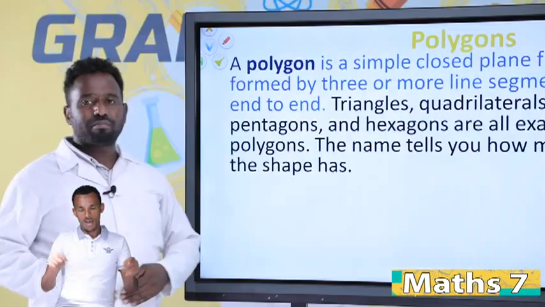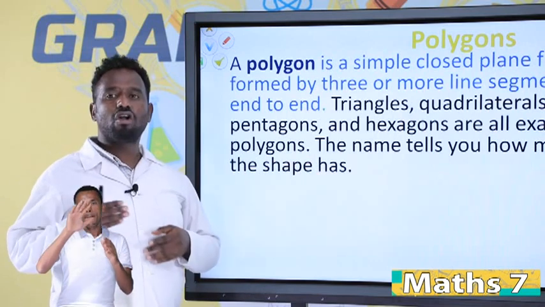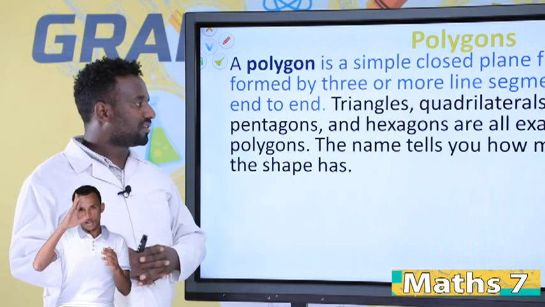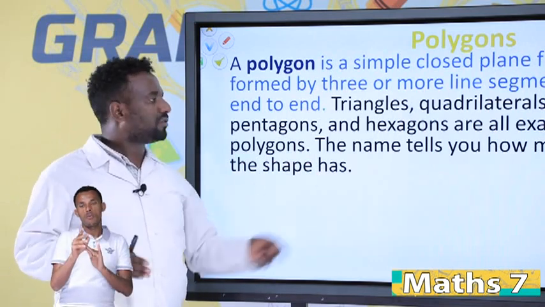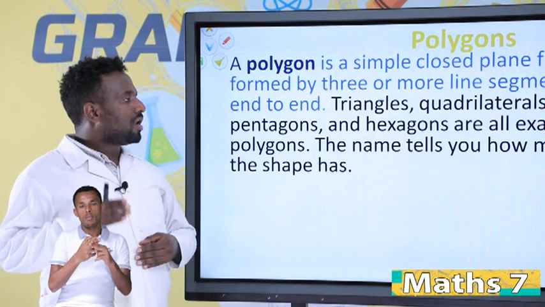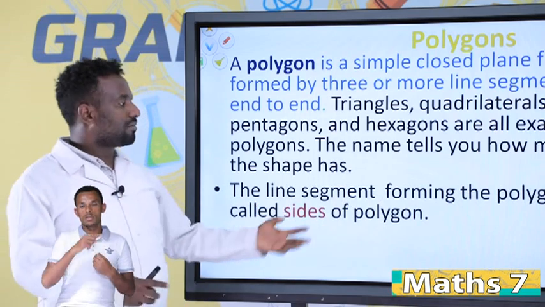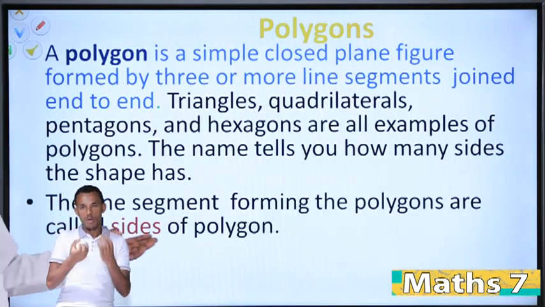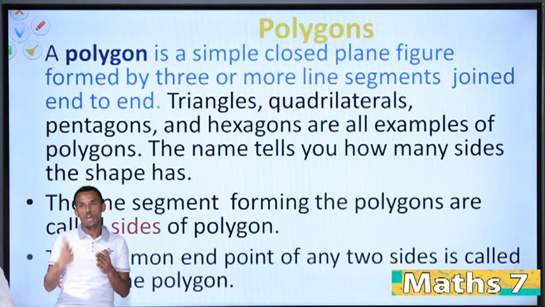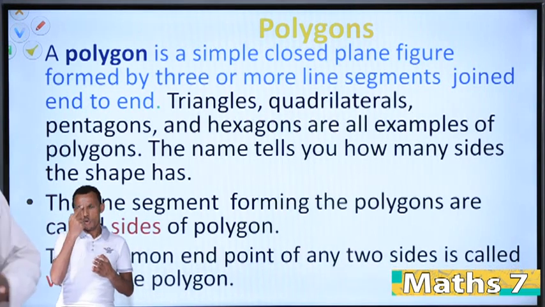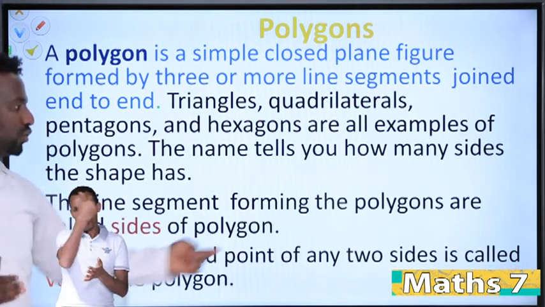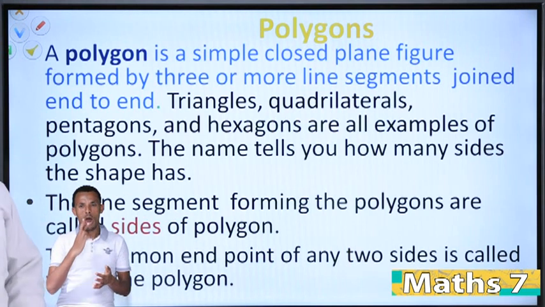Triangle, quadrilateral, pentagon, hexagon are all examples of polygons. The name tells us how many sides they have. The line segments forming a polygon are called the sides of the polygon. The common endpoint of any two sides is a vertex of the polygon.